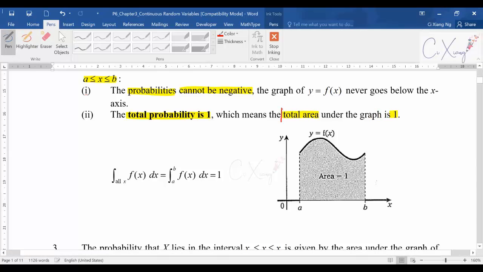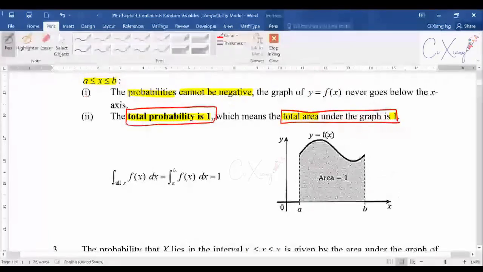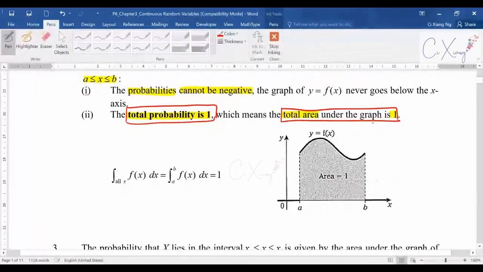So I think this is very important. The area is actually equal to the probability. So when you say total probability equals 1, that means the whole shaded area between A and B equals 1.